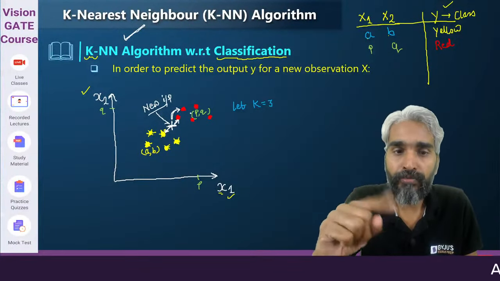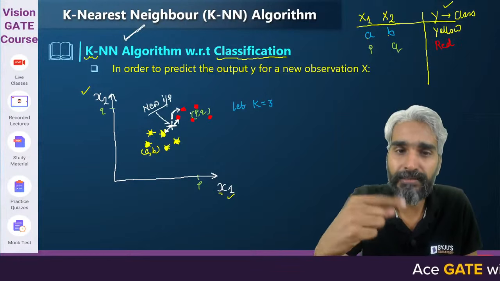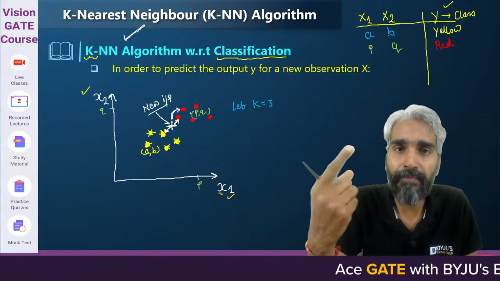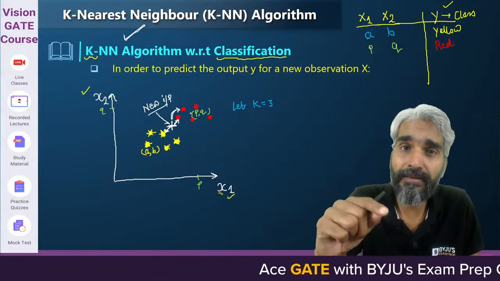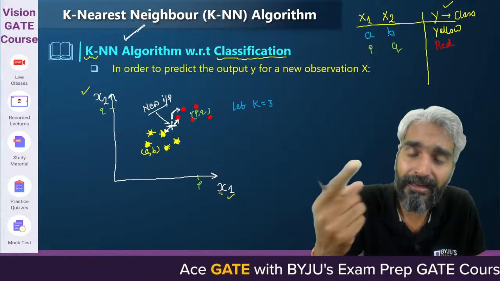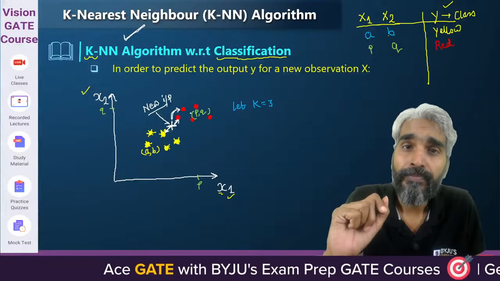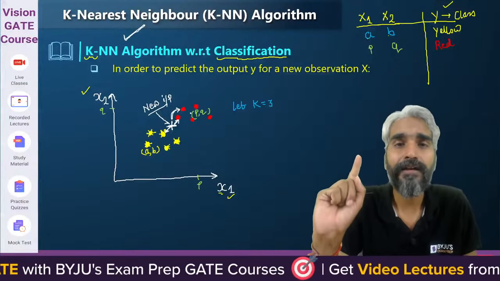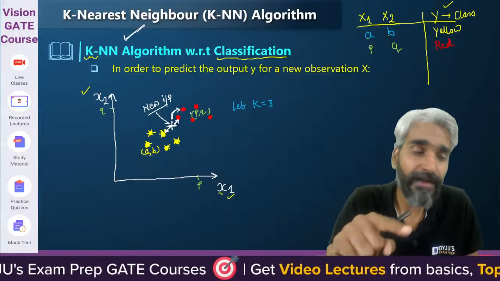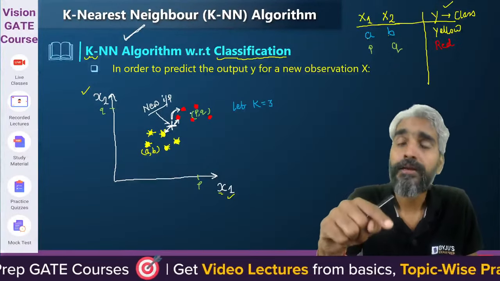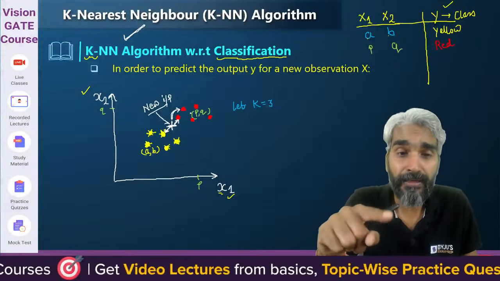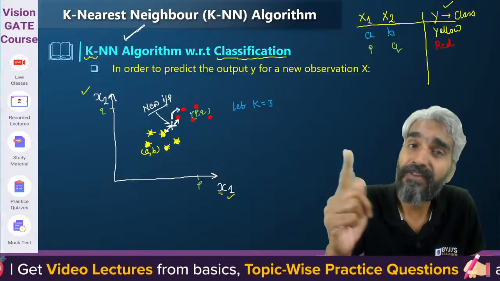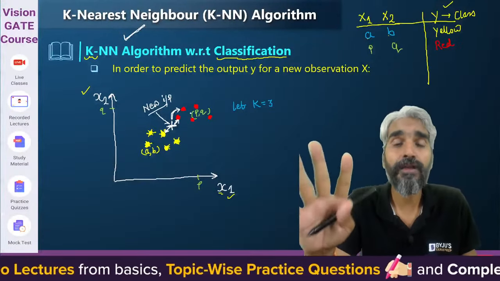Getting the idea? To which particular class the maximum among these k neighbors belong. If the maximum neighbors belong to the red color class, then this new data item will be classified as a red color item. If the maximum of the neighbors belong to the yellow color class, then this new item will be classified as a member of the yellow class.